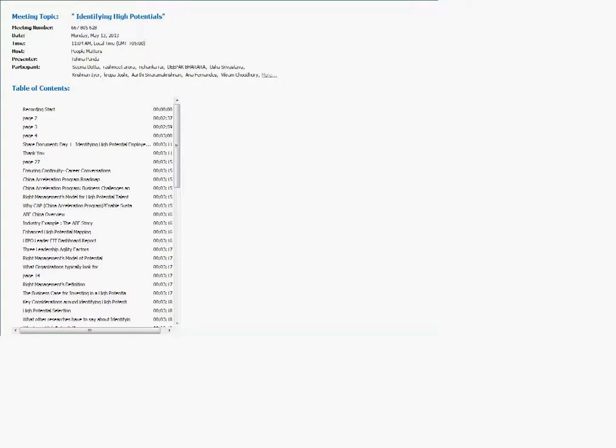But what we see is the lines tend to blur in practice when we start to look at how it's being executed in terms of high potential talent management. So what we find is that in terms of the total high performer population, only about 29% of those are actually high potentials. But we also see that about 93% of high potentials are high performers.